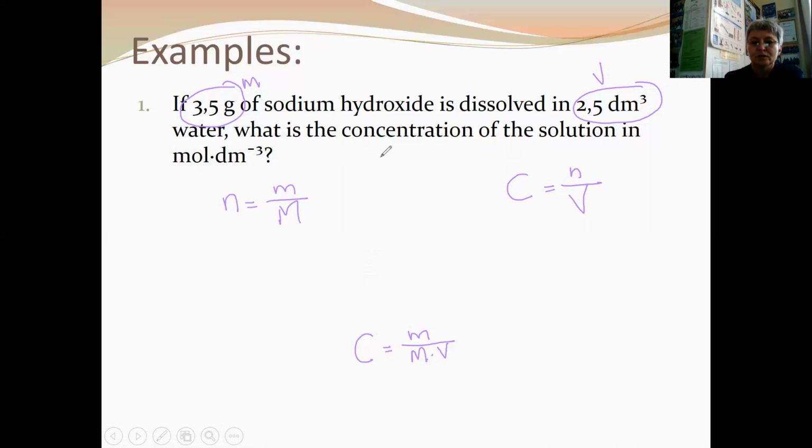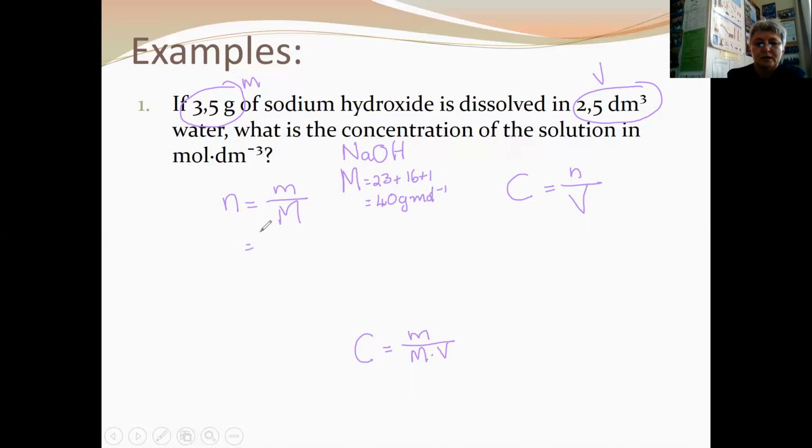For moles, we need molar mass, and for molar mass, we need the formula of sodium hydroxide, NaOH. So the molar mass would be 23 for sodium plus 16 for oxygen plus 1 for hydrogen. That makes it 40 grams per mole.